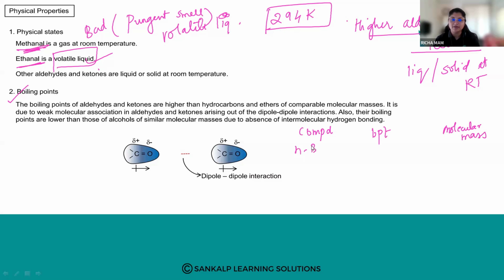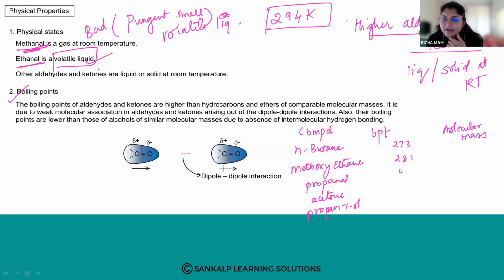N-butane, methoxyethane, propanal, acetone, and propan-1-ol. The boiling points are 273, 281, 322, 329, and 370. The molecular masses are 58, 60, 58, 58, and 60.